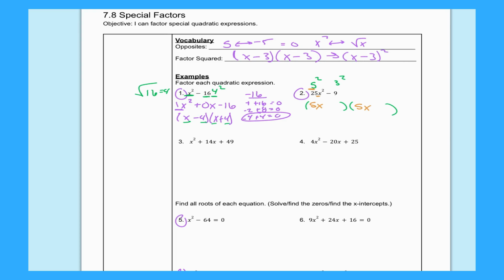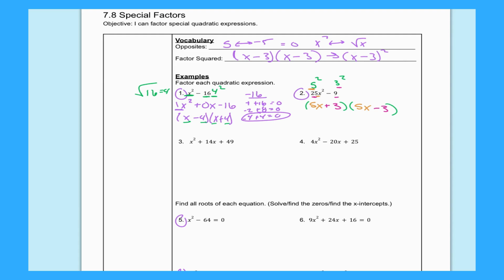And then I have the 3 at the end, so I'm going to have a 3 at the end here and here. And to make this a -9, the only way is one's positive and one's negative. It doesn't make a difference which one. So it's the square root of 25 with the x and the square root of 9 at the end.